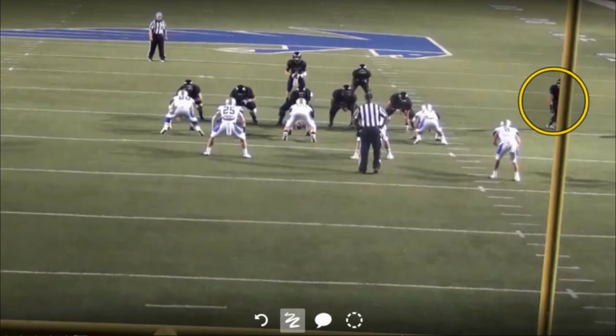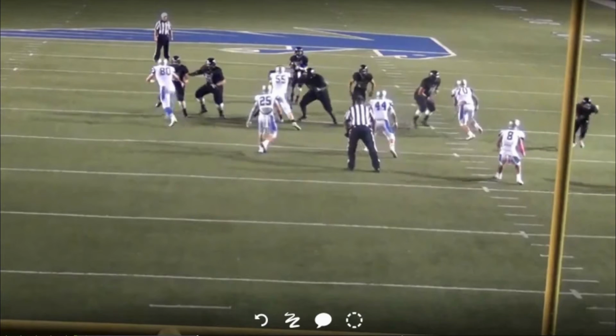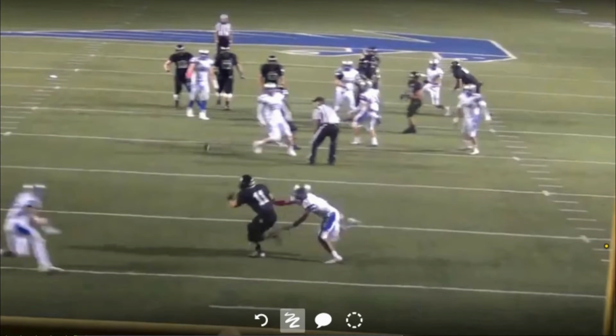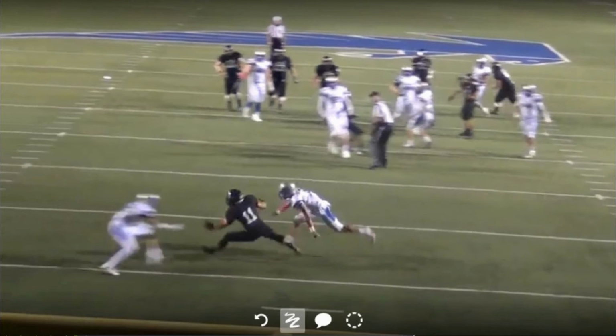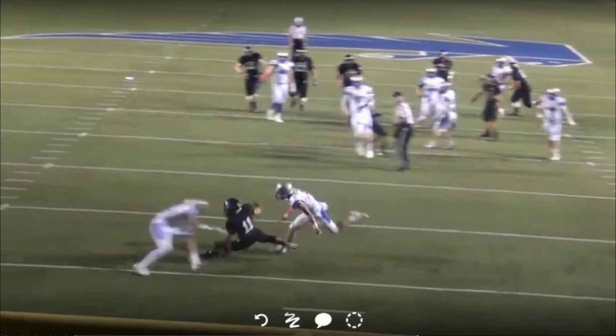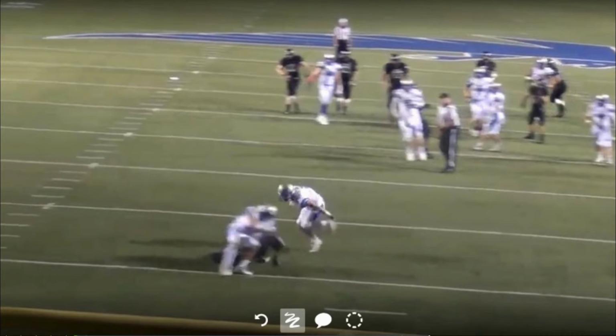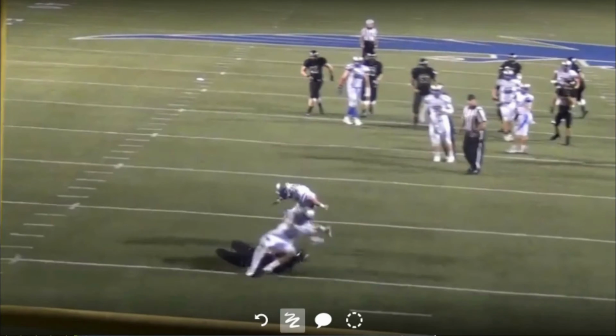So here we have the same play from a different angle, the end zone angle. A11 is highlighted. B22 is going to come into frame right there. You can see the ball coming in low. I want you to watch B22's actions. He's not playing the ball. Delivers a blow with the helmet and the shoulder straight through the receiver.